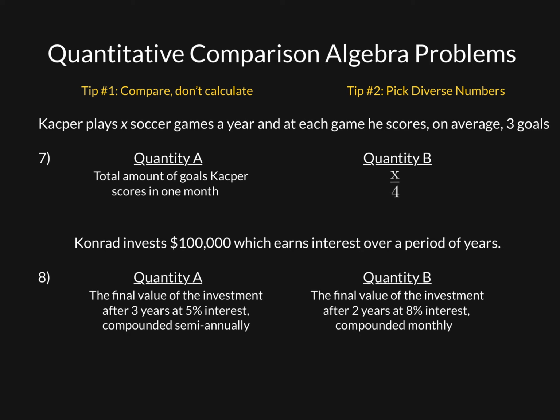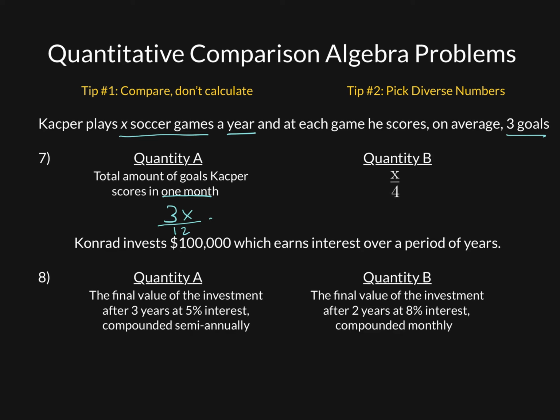So we know that Catsper plays x soccer games, and each game he scores 3 goals. So 3x is the total amount of goals he scores in a year. We want to know how many goals he scores in 1 month, so we take the yearly goals and divide that by 12.